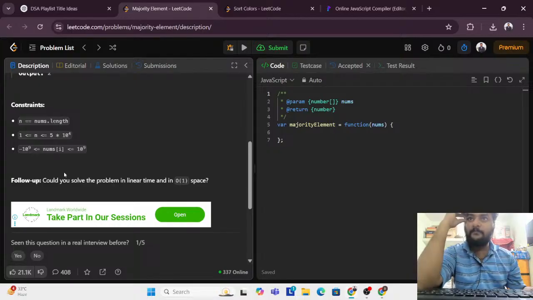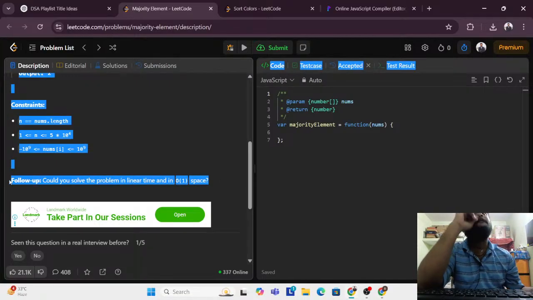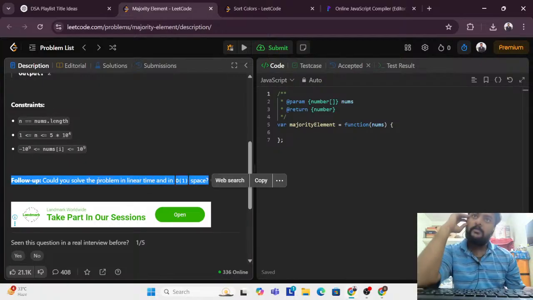Could you solve the problem in linear time and in O(1) space? Oh, it is asking that.